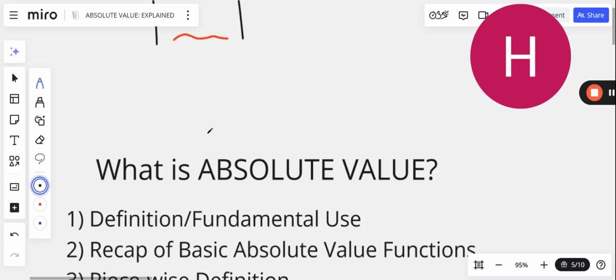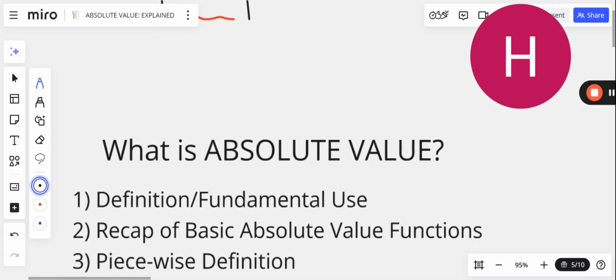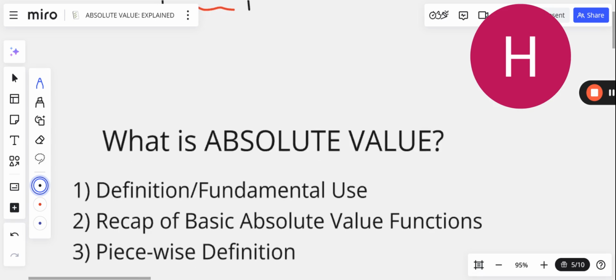And we're just going to look at how it works a little bit. And then we're going to consider the absolute value function as a piecewise function. So if you don't remember what a piecewise function is, you'll be reminded of what that is later on in the video. So get a paper, get a pen, pencil maybe, so you can erase it. And yeah, let's get started.